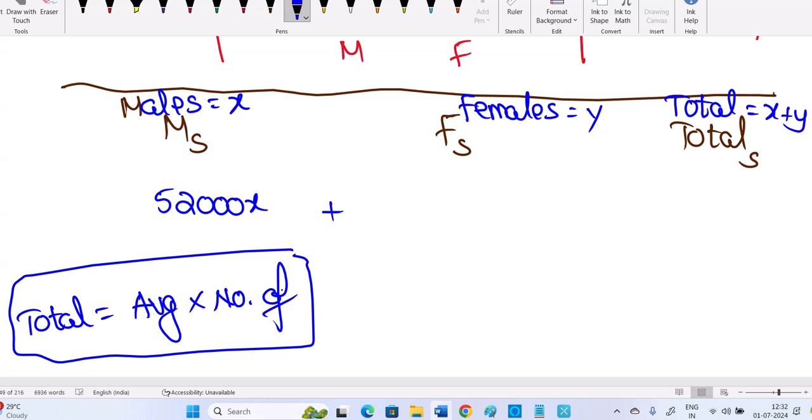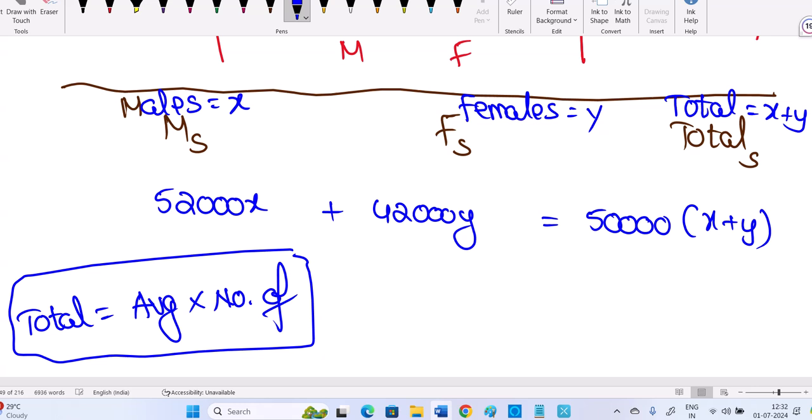Female salary is nothing but average salary of females, 42,000 into Y. What is the total average? Combined average 50,000 into X plus Y.